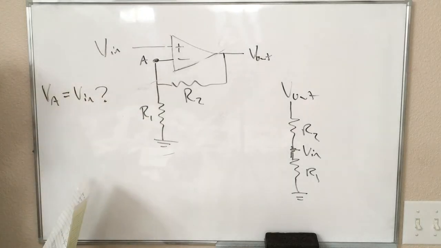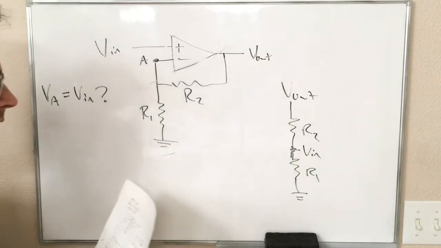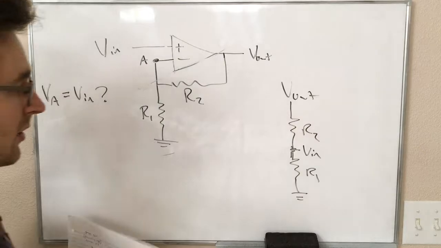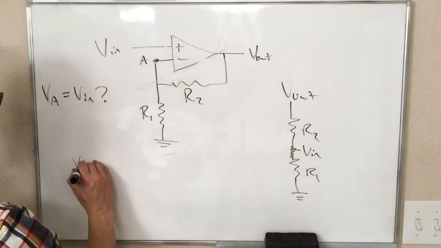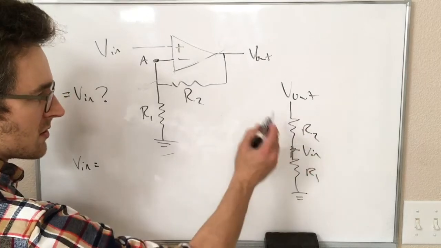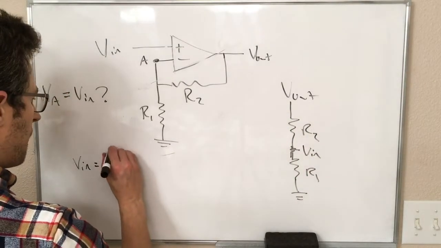Okay, so we could figure out the relationship between Vin and Vout without even writing down a current. We could just look at this just as a voltage divider, right? So Vin is going to equal R1 over the total resistance times Vout.